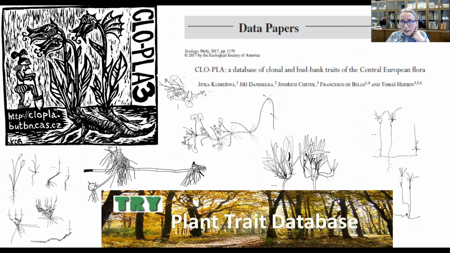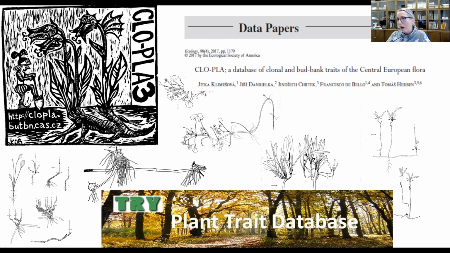I started to work on it in 1993, so much earlier than these papers about functional traits. The online version of the database was published in 2006. The CLO-PLA database is part of the TRY database, and its aggregated form is freely available as a data paper in Ecology.